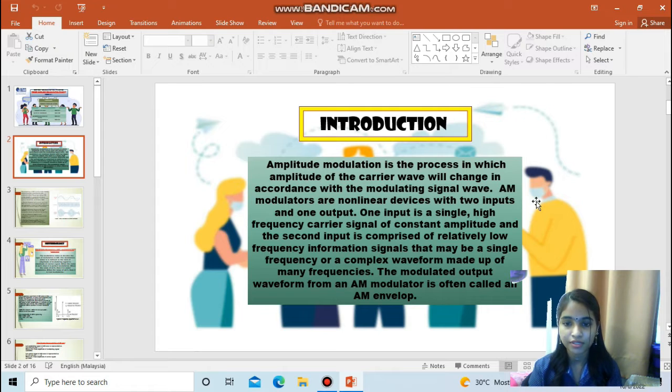One input is a single high-frequency carrier signal of constant amplitude, and the second input is a relatively low-frequency information signal that may be a single frequency or a complex waveform made up of many frequencies. The modulated output waveform from an AM modulator is often called an AM envelope.